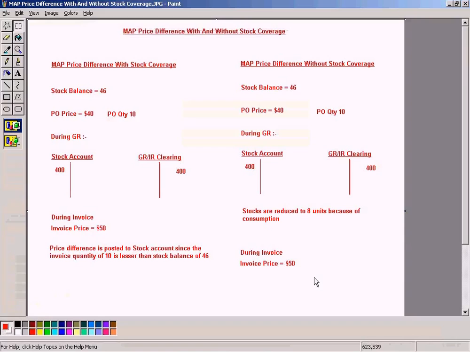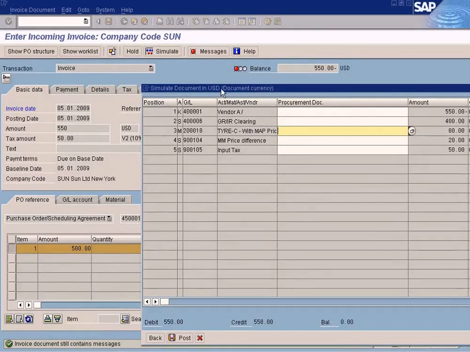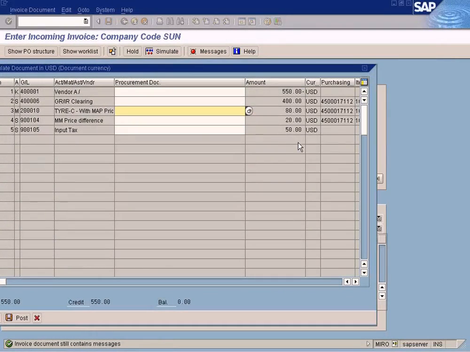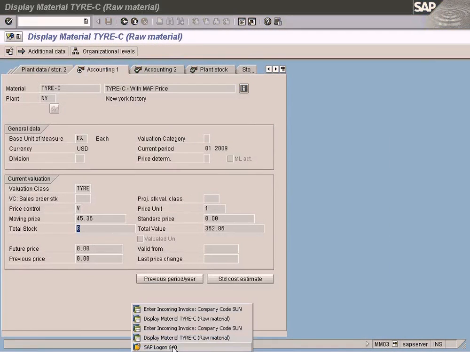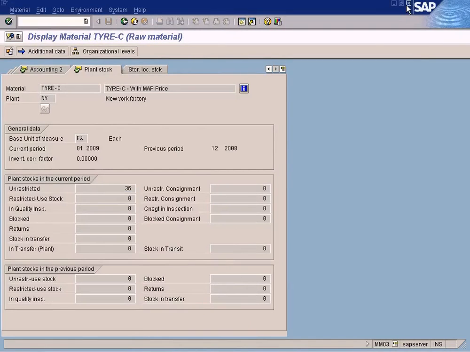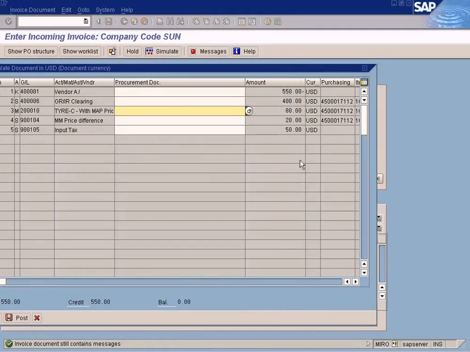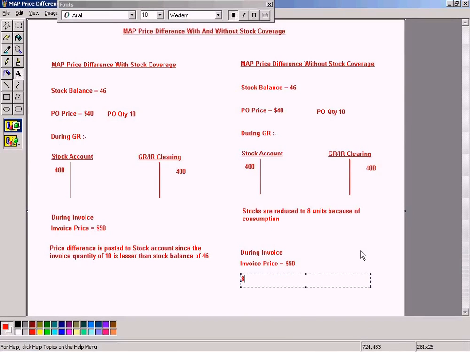Out of 10 units of the invoice, because in the invoice we have 10 units, only 8 units are available in the stock. As you can see in our stock, there's only 8 units. Let me close this. So only for 8 units the system will post the price difference to the stock account.